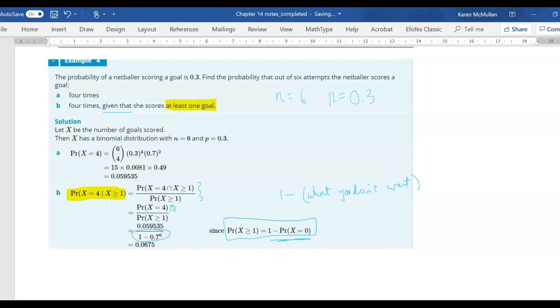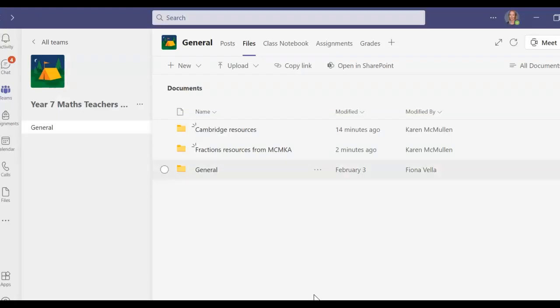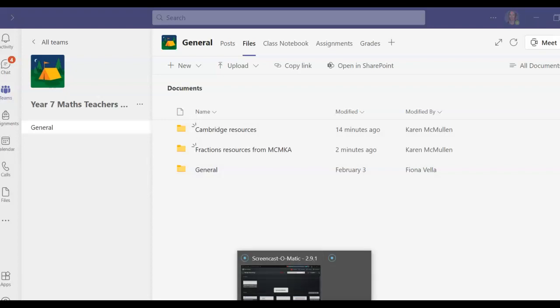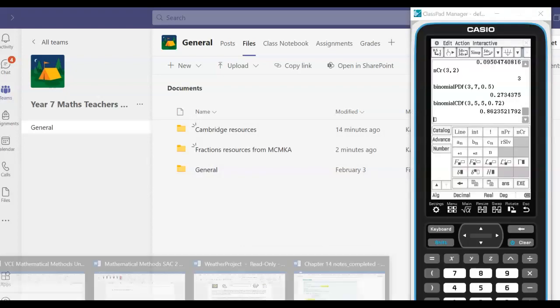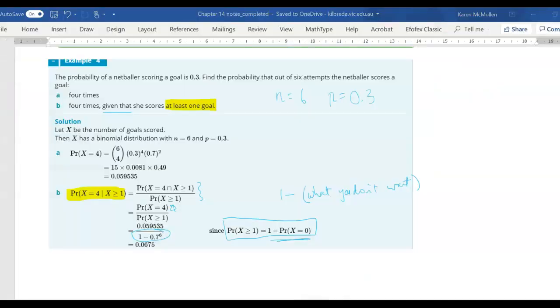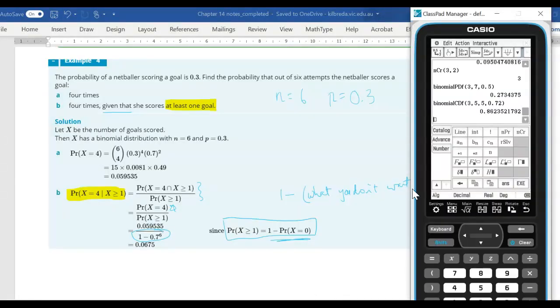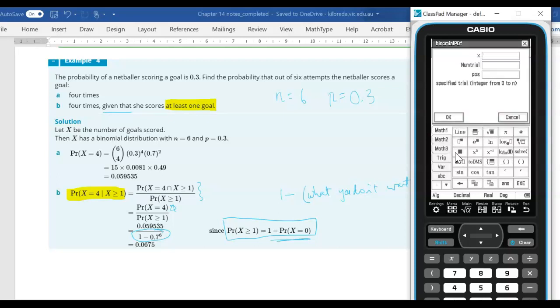But on your calculator, you can just do this. Okay, so first of all, I'm just going to do this quickly, discrete. So we want PDF.